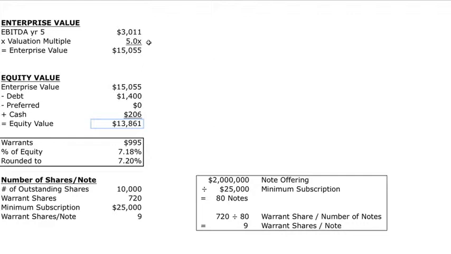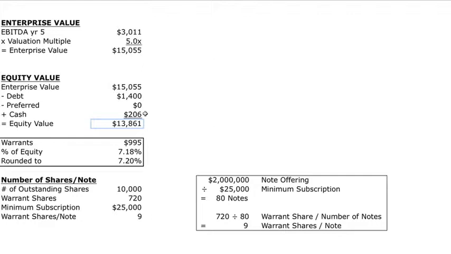The business here we're assuming is valued at 5 times cash flow, and that gives me an enterprise value of just over $15 million. Now to get to my equity value, I need to take that enterprise value, subtract off my debt, and in my model I had $1.4 million of debt outstanding at the end of year 5, back off any preferred, and I had none, and then add any cash that's on the balance sheet.